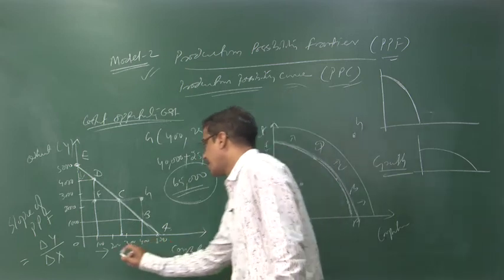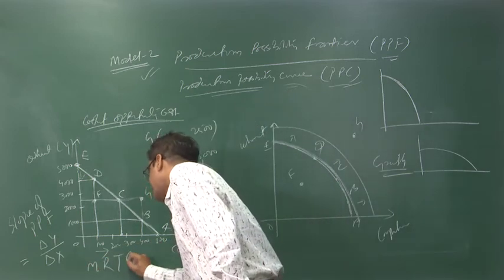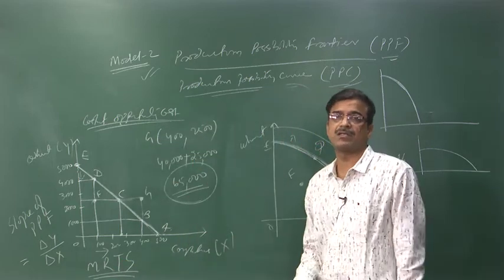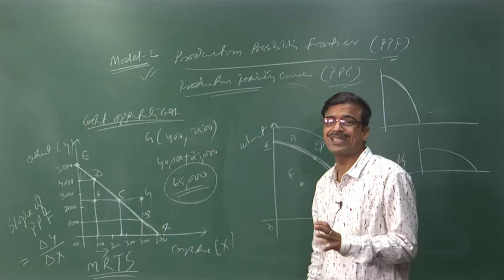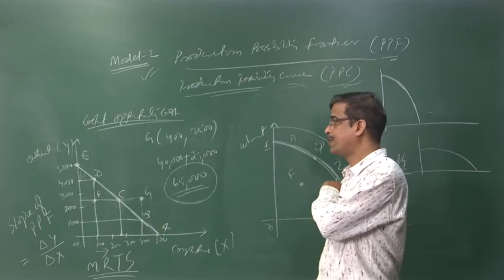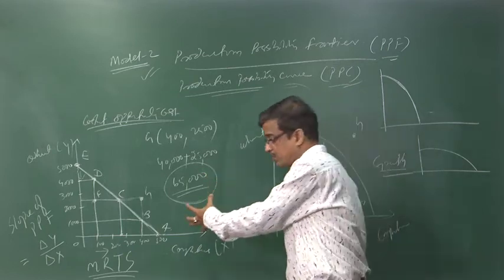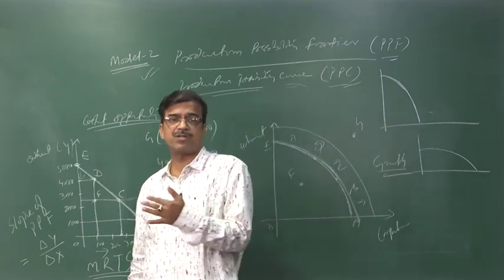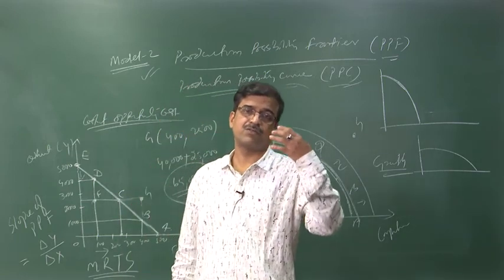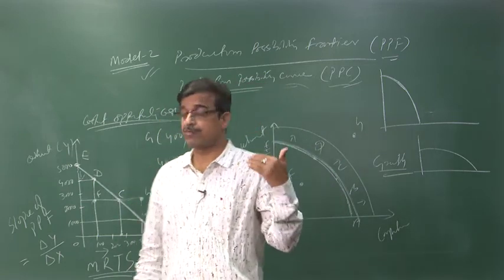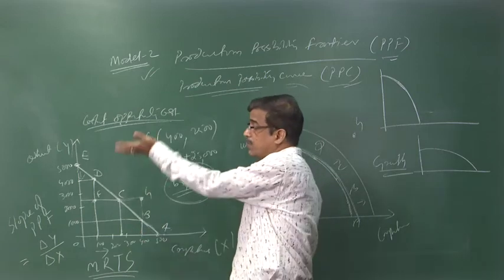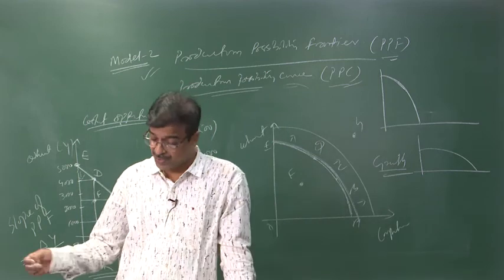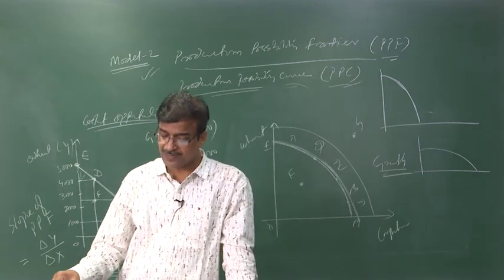It is known as the marginal rate of technical substitution, right? That particular slope represents the marginal rate of technical substitution. You technically have to substitute which type of production you are going to manufacture, whether to manufacture more computers or fewer computers. If you manufacture more computers, you have to sacrifice weight, and if you reverse the concept, you have to sacrifice computer manufacturing for more and more weight. So that is nothing but the slope of the production possibility frontier, right.